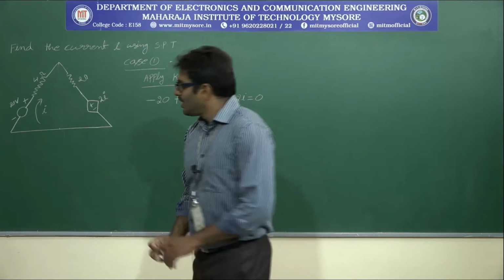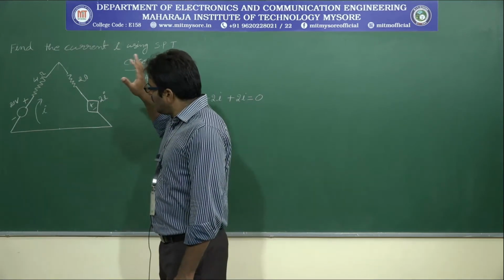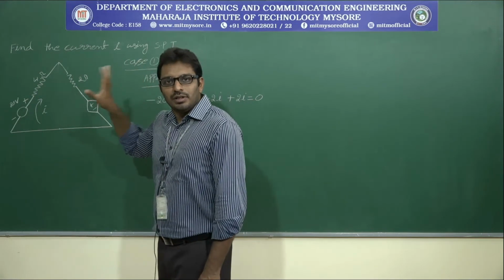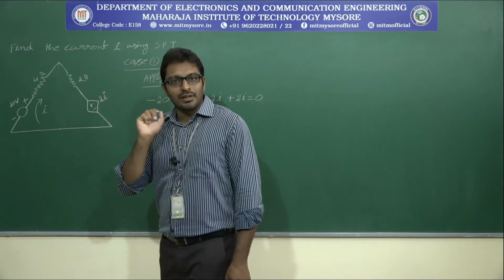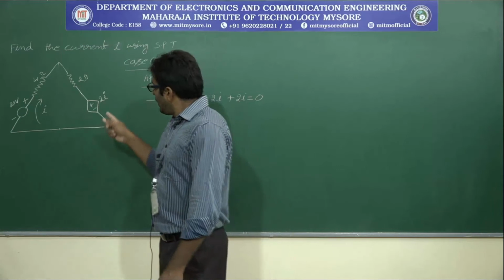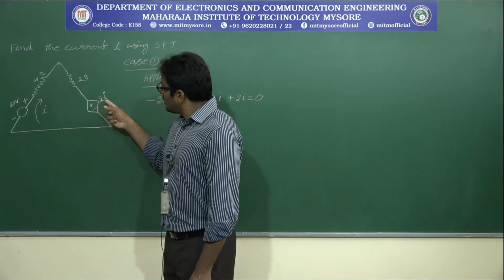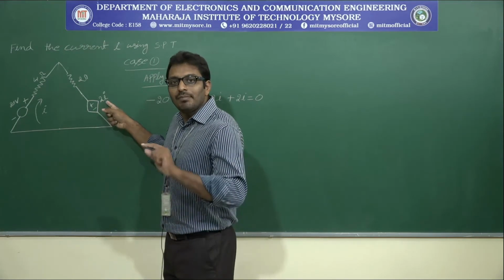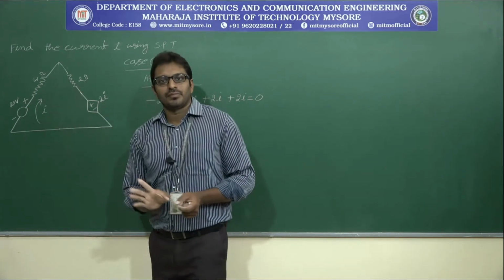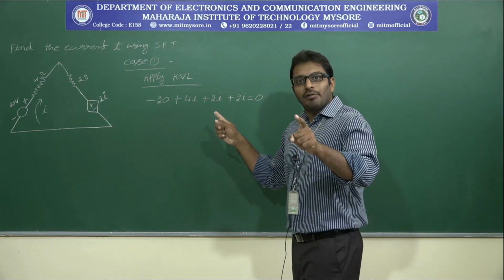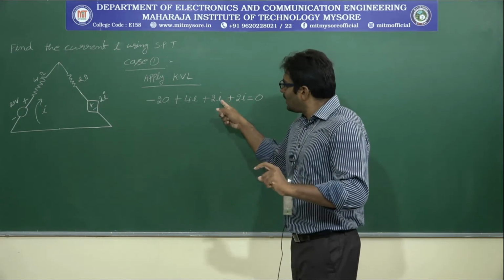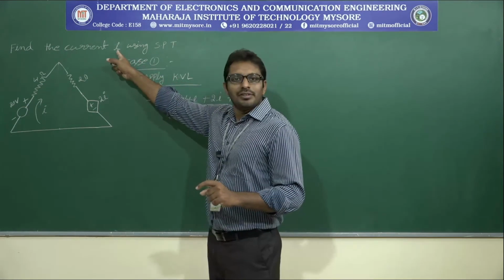Is it clear? Why I suggested going with Kirchhoff's voltage law is because it is a single loop circuit, and the dependent source consists of a variable, that variable is nothing but the loop current. So you will get one equation with only one variable. What is that? I, that is what we are going to find out.